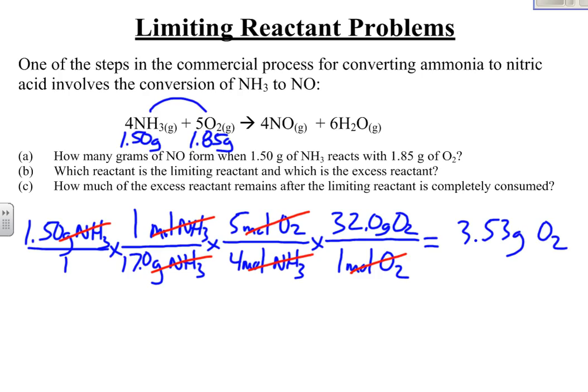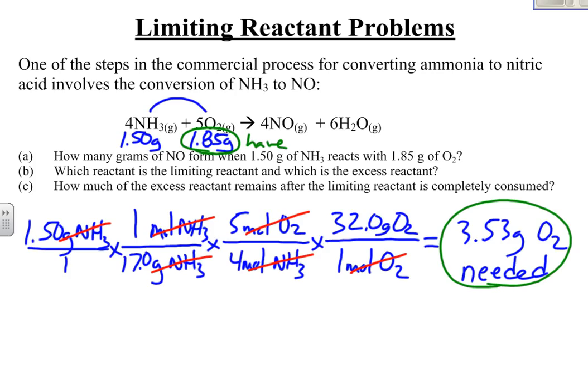And then one little word here that's going to help with our understanding: needed. So this is the amount of oxygen that is needed. Now we're going to compare the amount that's needed with the amount that we have. And you can see that we don't have enough oxygen. This tells us that the oxygen is our limiting reactant.